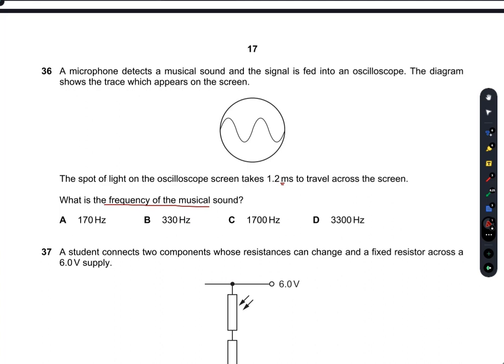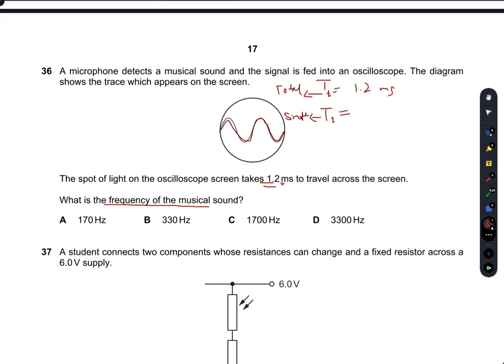So first of all, the time period here is 1.2 milliseconds. There are total number of vibrations is 2. So T means total, and T1 means for a single vibration.